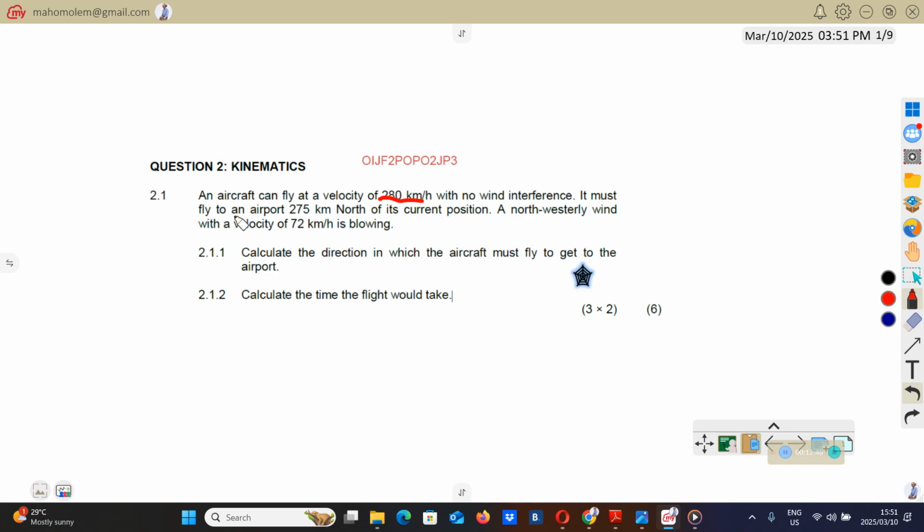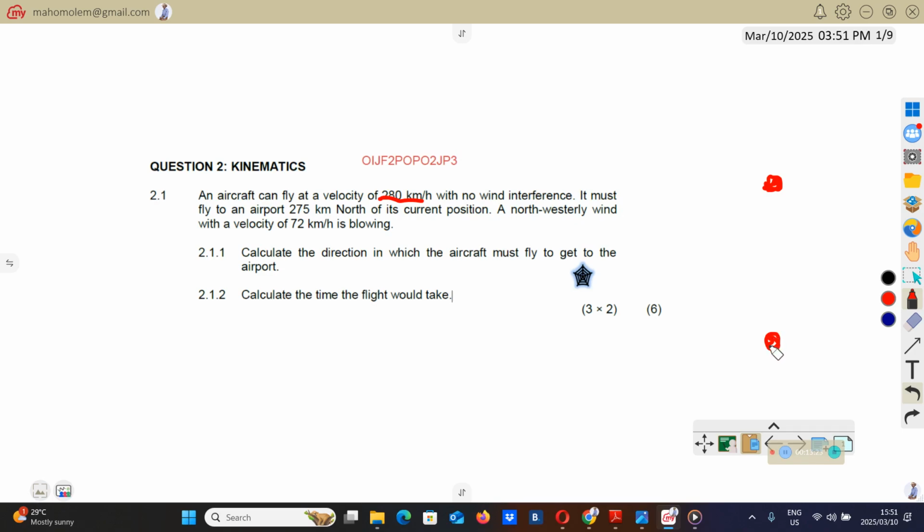It must fly to an airport which is 275 kilometers north of its current position. So in other words here, we're going to have this kind of scenario. You will have the destination here, then we'll have the aircraft here. So the aircraft wants to reach this point. It has to move straight from here to there. It has to take that north direction.